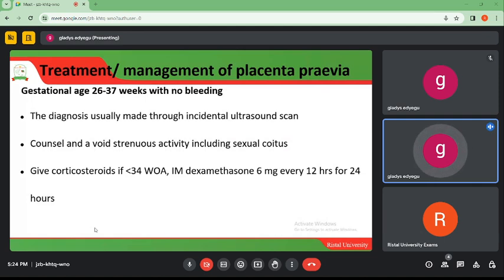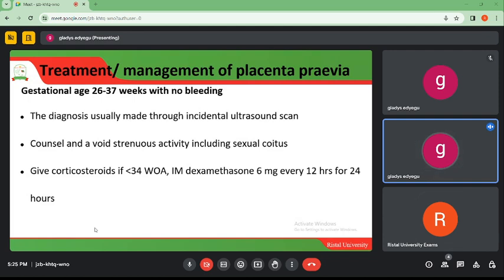And we give dexamethasone IM 6 milligrams every 12 hours for 24 hours. That is one day. It helps the babies' lungs to mature even when they are delivered at that time. It helps this baby actually manage its breathing because the lungs are being supported.